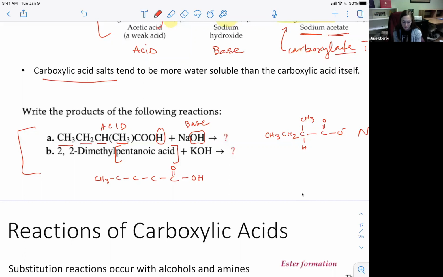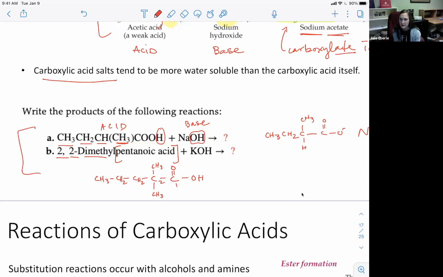This is pentanoic acid. Now I have to add in the 2,2-dimethyl part. So if this is carbon 1, your carbonyl carbon, remember, is always carbon 1. So you've got 2 methyl groups off that second carbon. So this is carbon 2. So that means I'm gonna branch a methyl group up and a methyl group down, so it should look like this. And the rest of these are CH2. I'm gonna go back and fill in the hydrogens. So that is 2,2-dimethyl pentanoic acid, and it's gonna react with KOH.